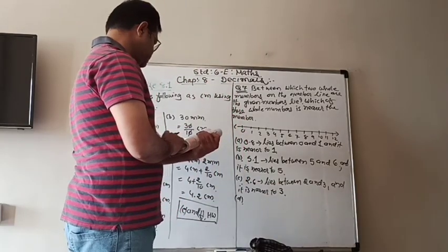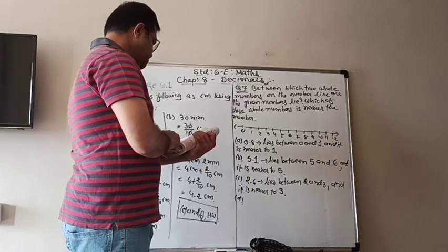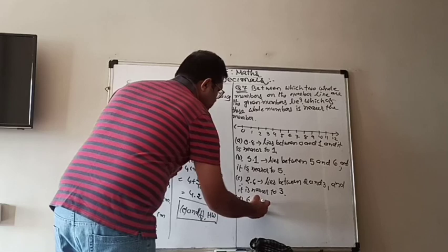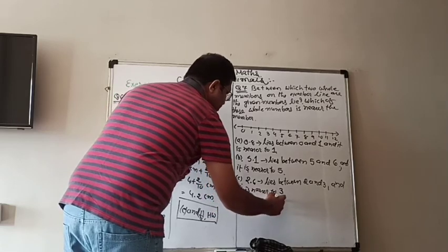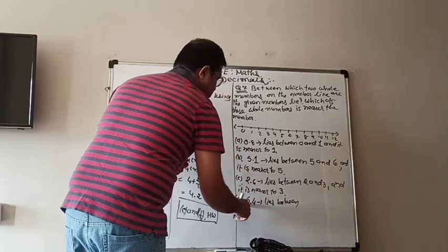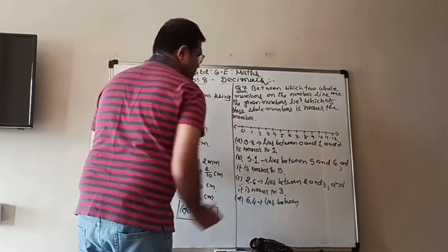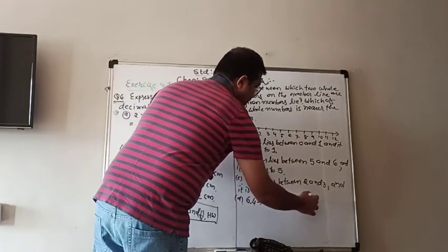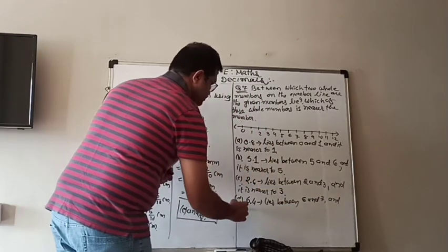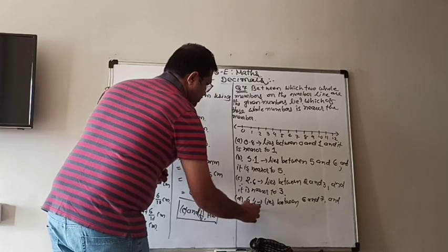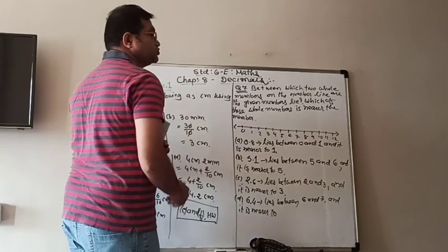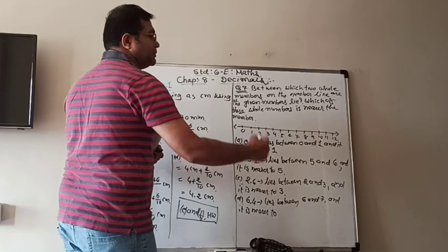D. 6.4 lies between 6 and 7, and it is nearer to, obviously, 6, because 6.5 will be in the middle.